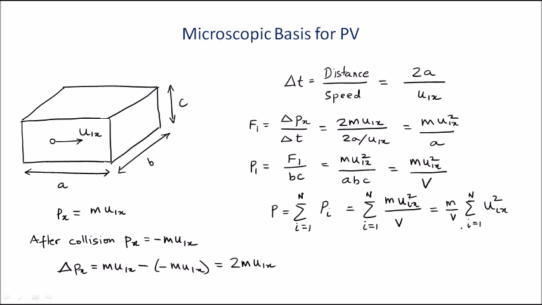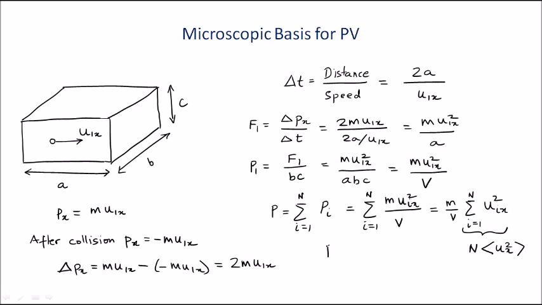Now this summation of the squared velocities of all particles can also be written as n times the average of the squared velocity of the particles.